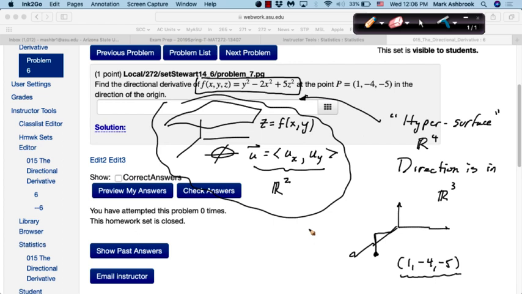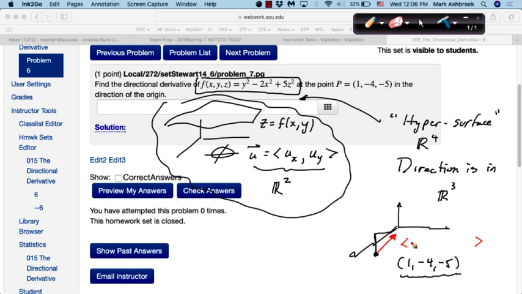So what direction do they want here? They want the direction of the origin. So what's the direction of the origin from the point 1, -4, -5? Just the direction first.